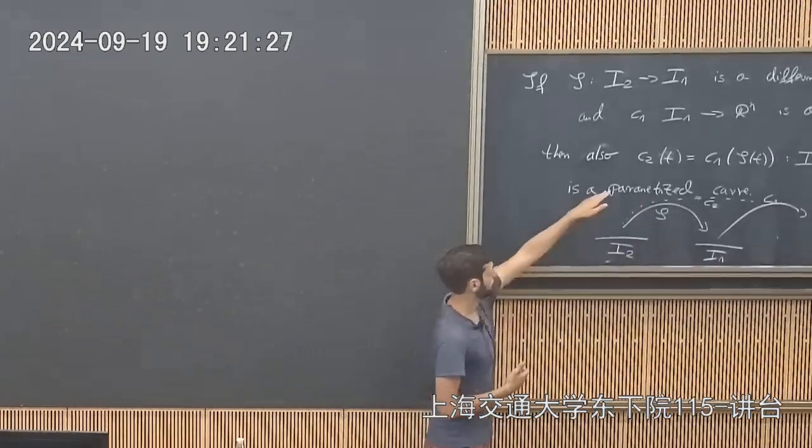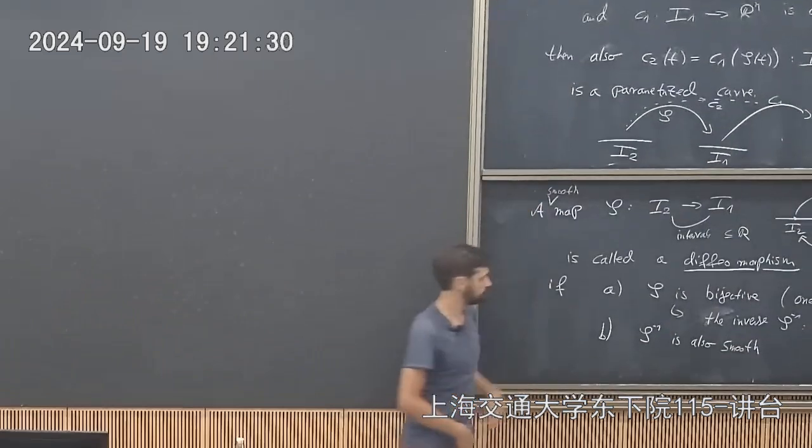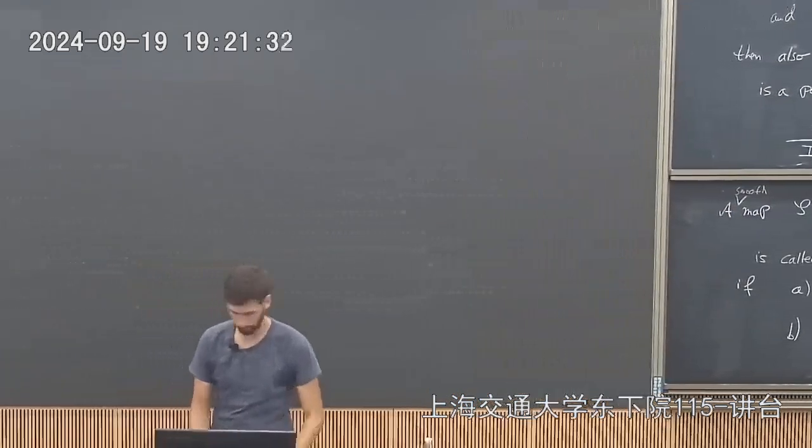So this second curve C2 is then called a reparameterization of the first curve.